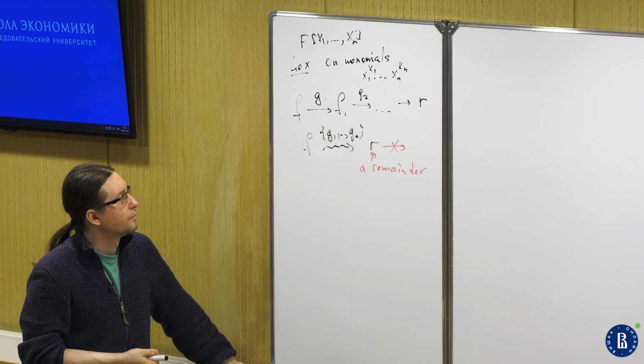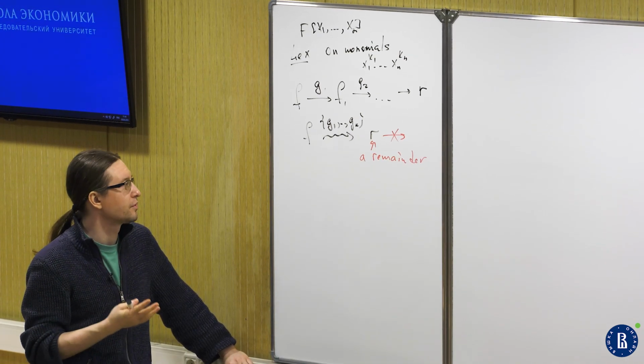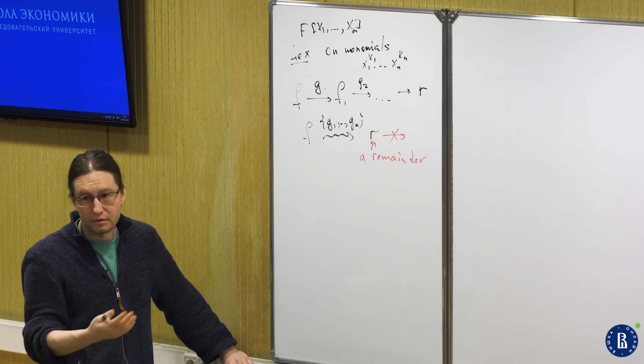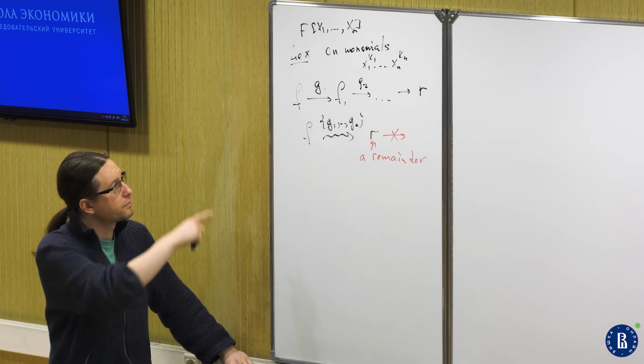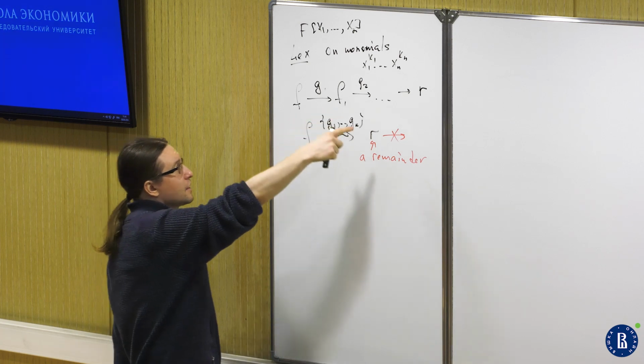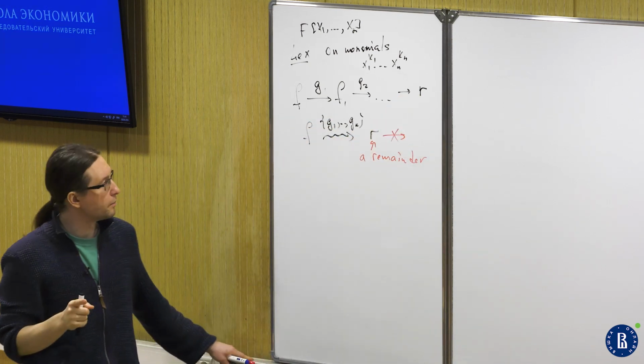Now, the last time we discussed two facts. The fact number one is whether the process stops or not. Actually, we proved that the process of reduction always terminates, and after finitely many steps, you will get a remainder. But there was a problem.